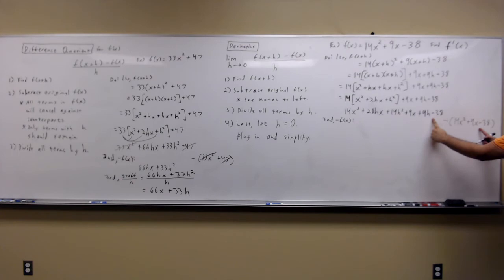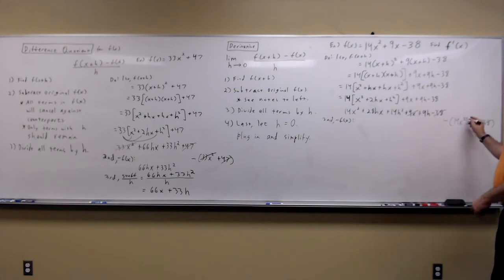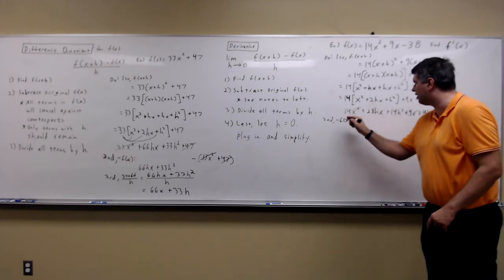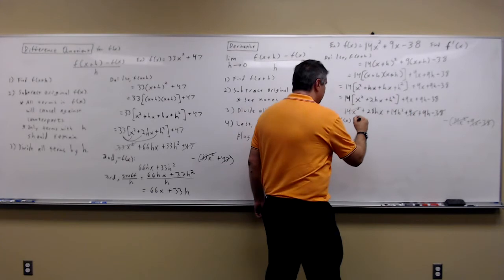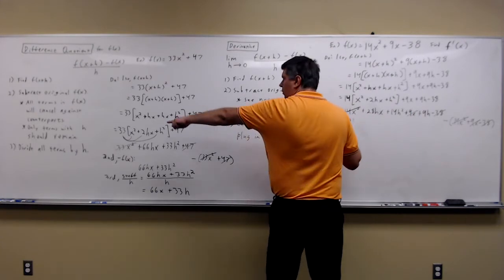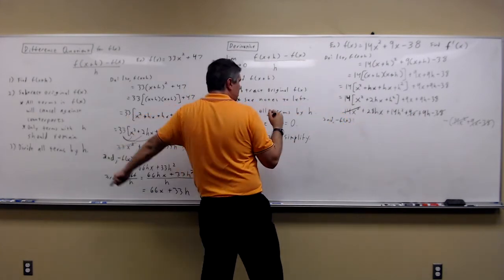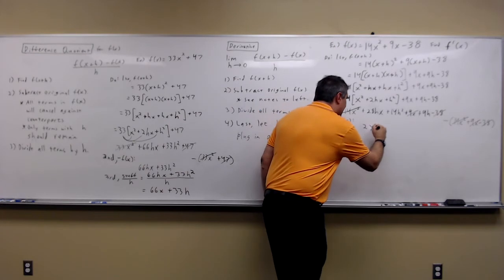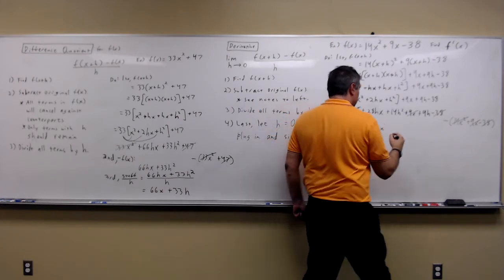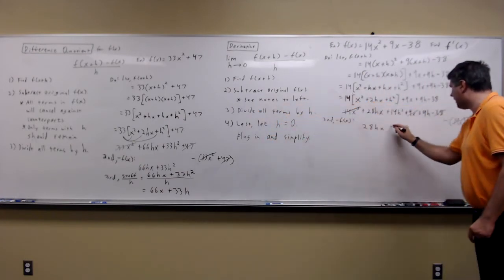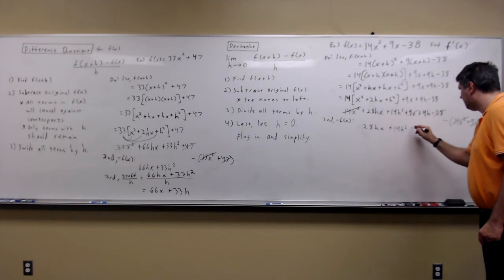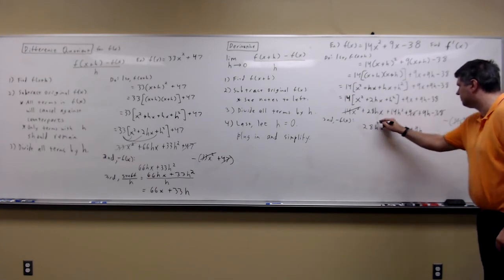Both of them cancel. 9x is being subtracted from another 9x. 14x squared is being subtracted from another 14x squared. So as expected, the only surviving terms will have h's in them. So I have 28hx plus 14h squared plus 9h.